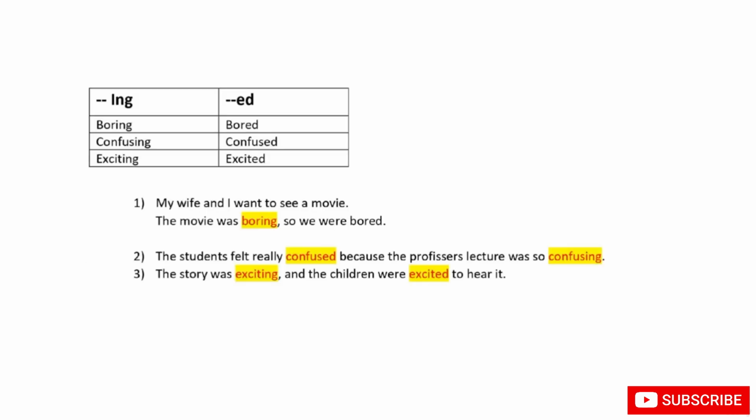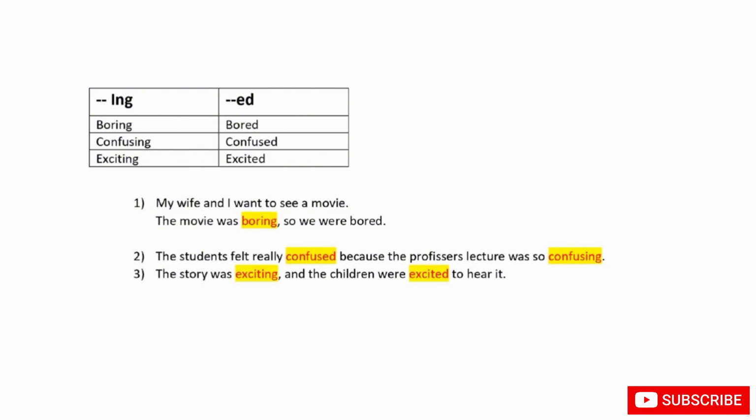Now in English, there are lots and lots of descriptive adjectives. Some of them are formed from nouns, verbs, and even other adjectives. These are usually straightforward, meaning that they're easy to use. But one area where students commonly make mistakes is adjectives formed from verbs using the endings ed and ing.